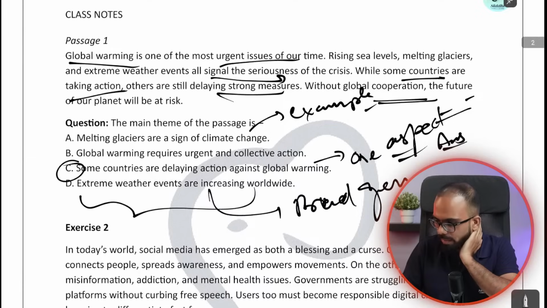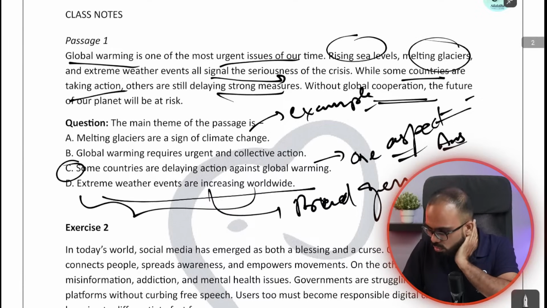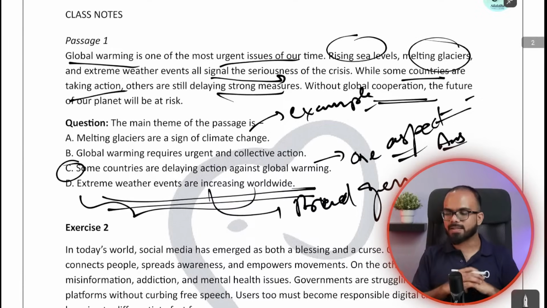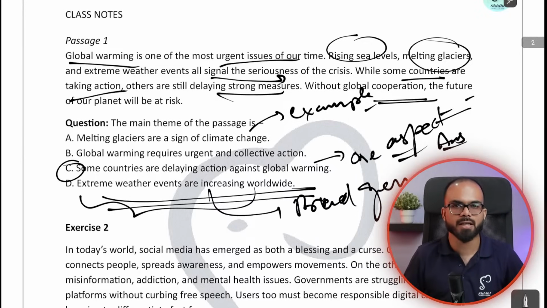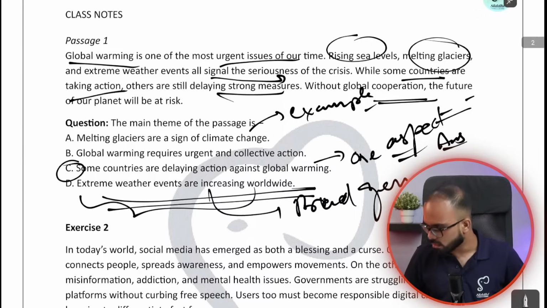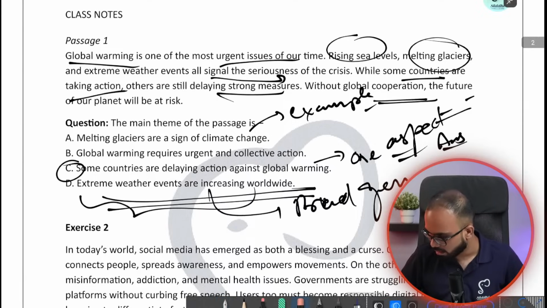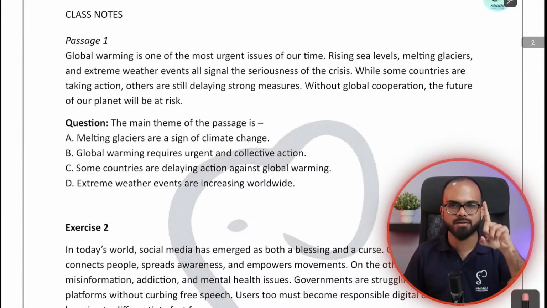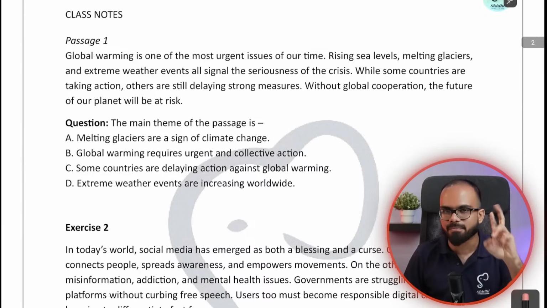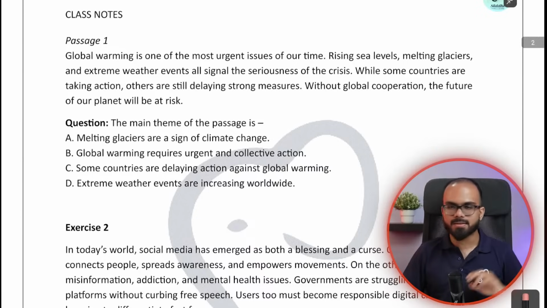In this topic, you're talking about rising sea levels, melting glaciers, but this is too general. You're saying extreme weather events are increasing worldwide. Isn't it a very wide generalization? So, in picking the central theme of RCs, you need to make sure you are eliminating general information, then examples, and then any one topic or minute options.